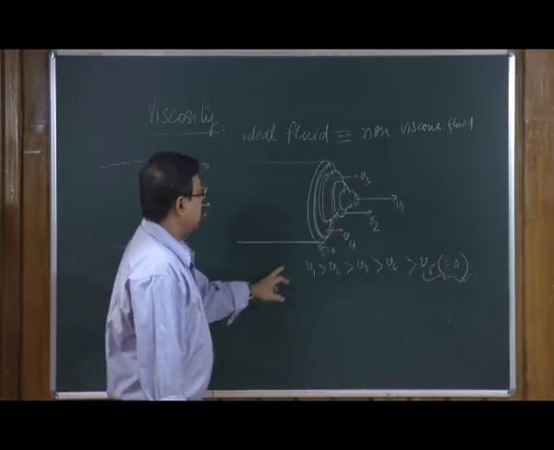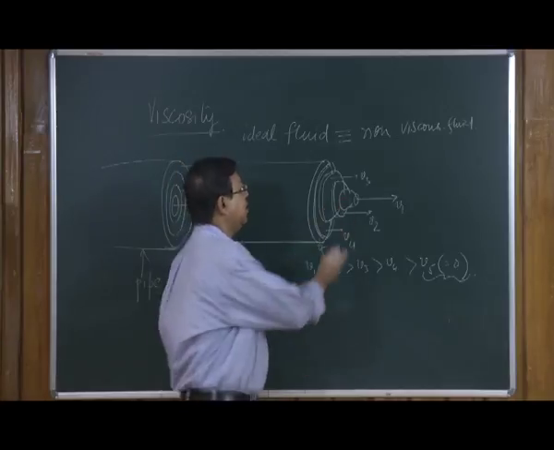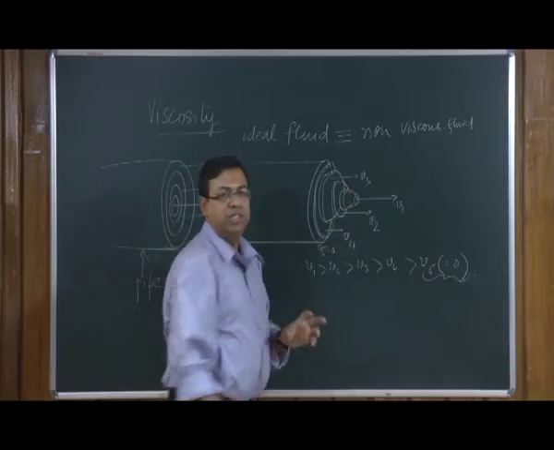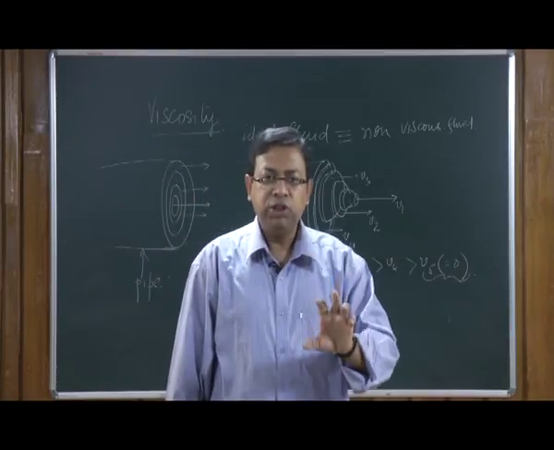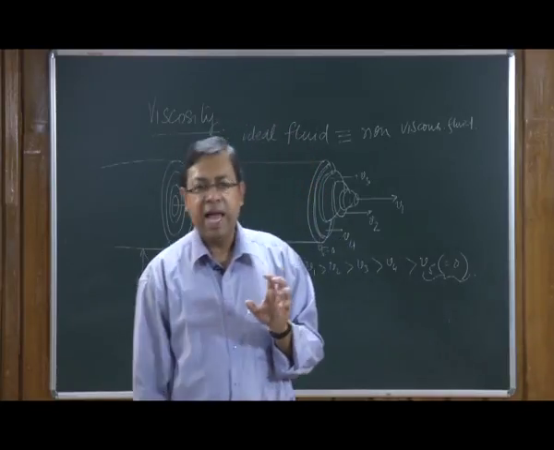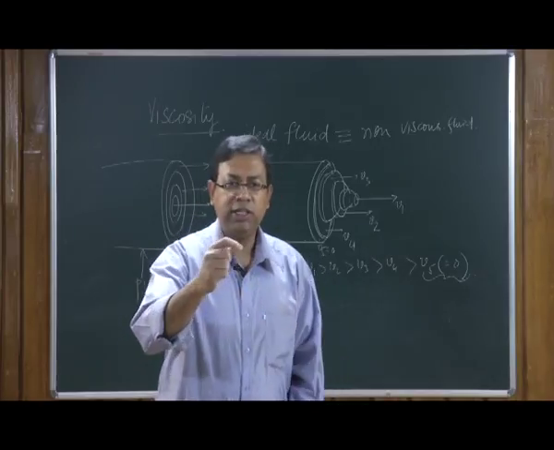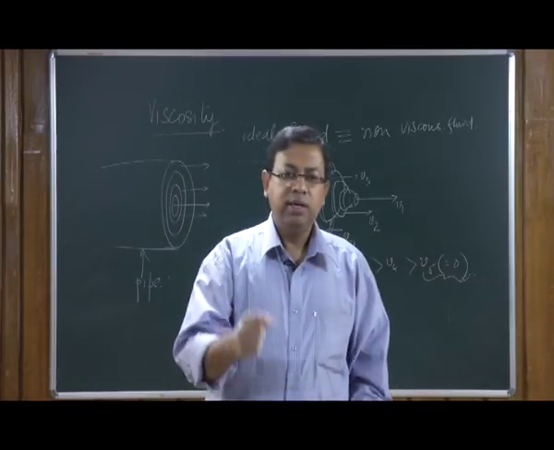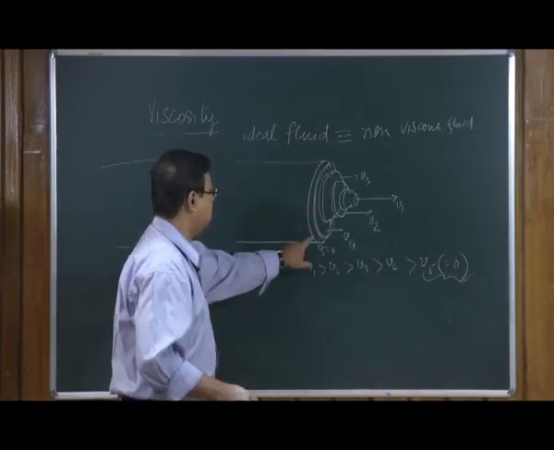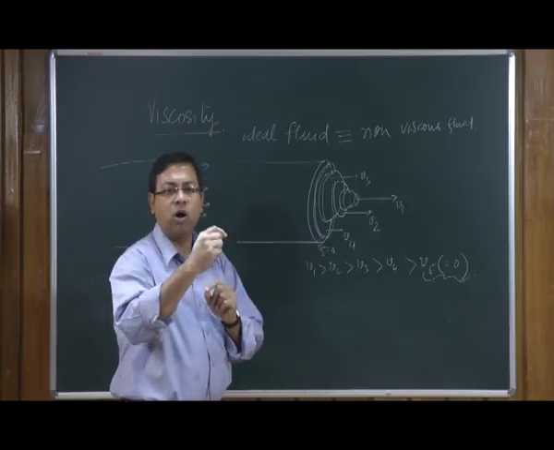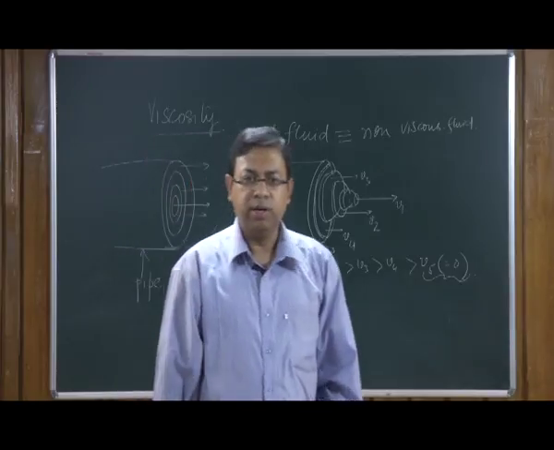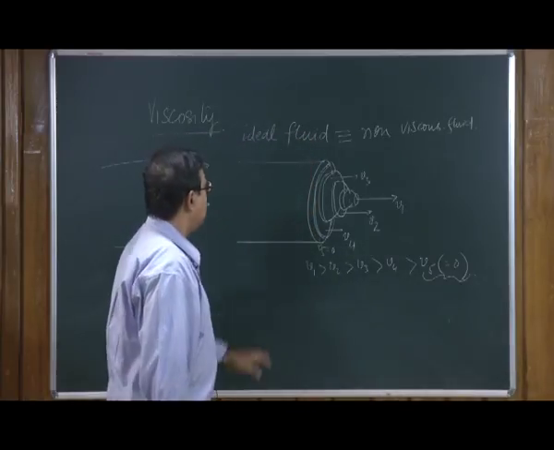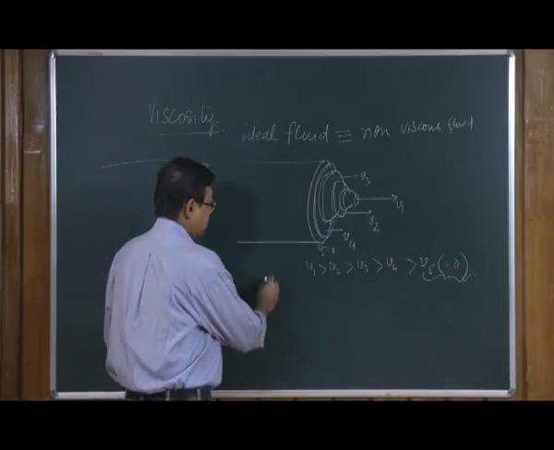That means that the liquid right at the center moves with a much bigger velocity than the liquid which is just in contact with the inner wall of the tube, which does not move at all. And this happens in viscous fluids.